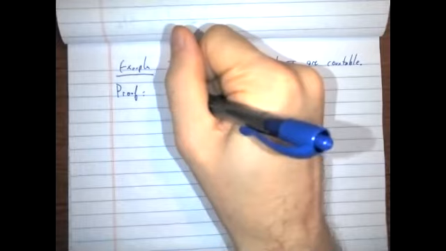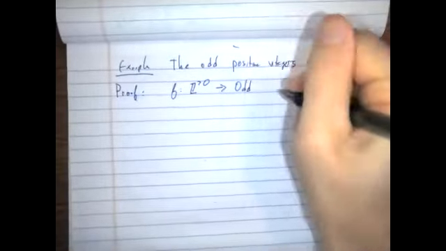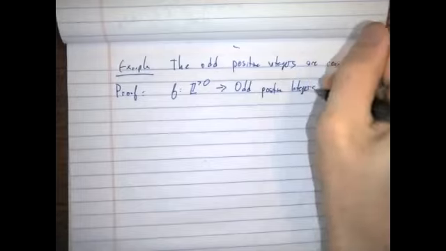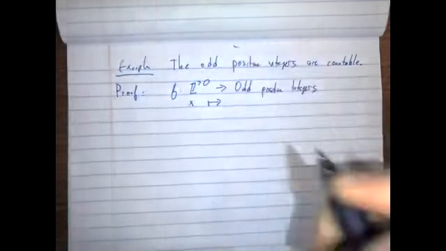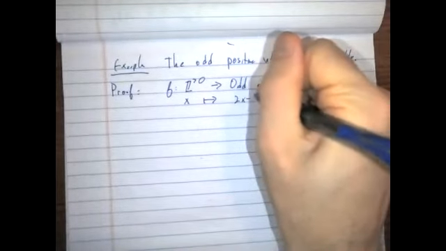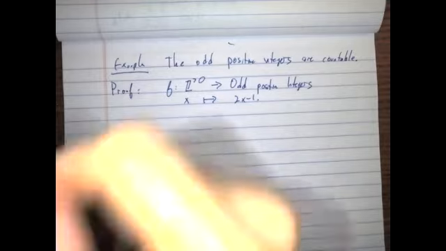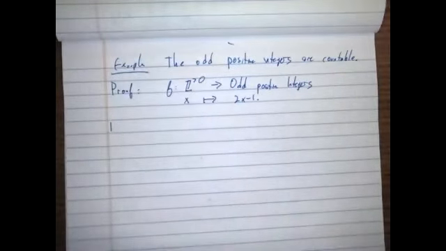So I define a function f from Z greater than 0 to the odd positive integers by sending x to 2x minus 1. Let's make a list. What will 1 be sent to under this map?